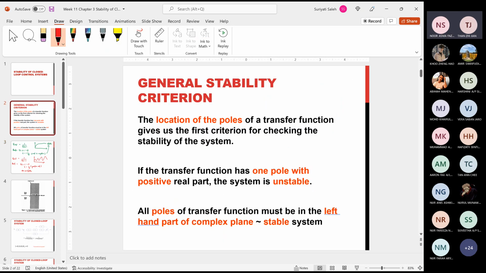For the general stability criteria, normally it is the location of the poles. In this case, what is meant by location of the poles is the root. The poles are normally at the denominator.